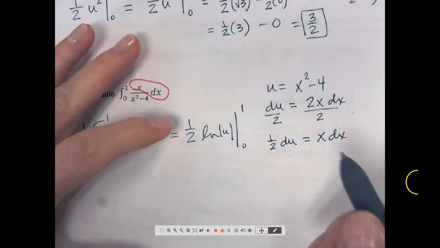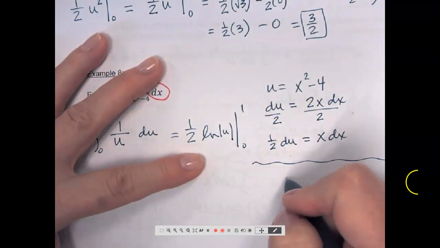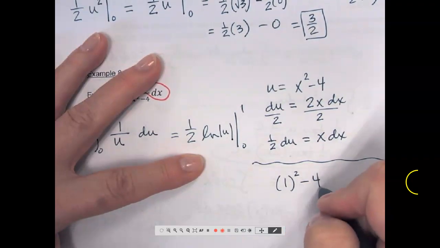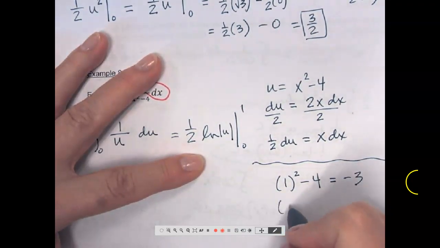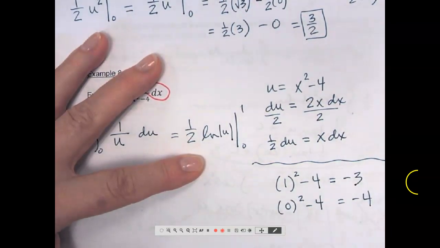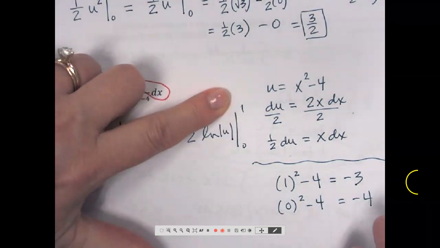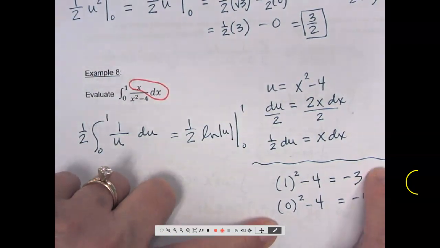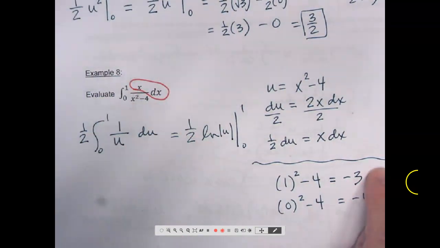You like that? Okay. All right, so I'm going to come down here and say 1 squared minus 4 is negative 3. 0 squared minus 4 is negative 4. So now instead of going from 0 to 1, I'm going to go from negative 4 to negative 3 and not replace x squared minus 4 again. I've already dealt with it.